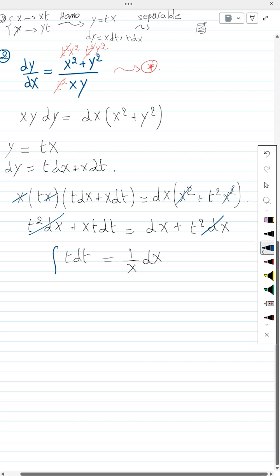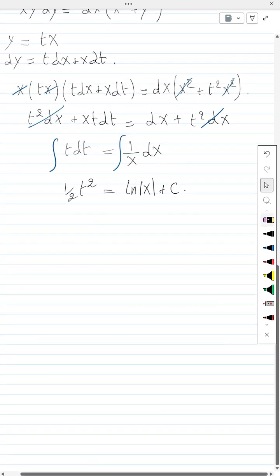By integrating both sides we will get our solution, which is 1 over 2 t squared plus c is equal to ln x plus c, and now we will replace t by its value, which is y over x, and we have got our solution. It's going to be 1 over 2 y squared over x squared is equal to ln x plus c.